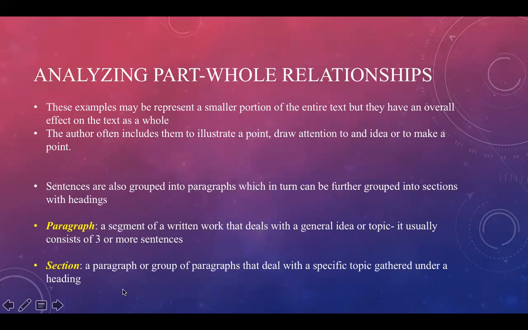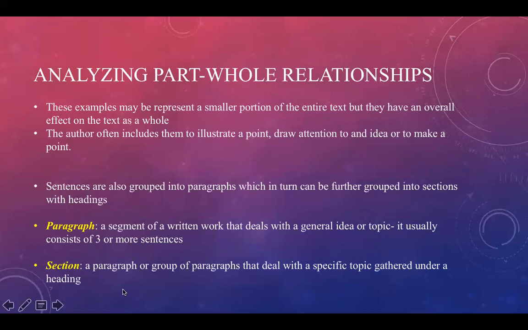Sentences are also grouped into paragraphs, which in turn can be further grouped into sections with headings. So we know this. We know starting from grade 1, your teacher had you make sentences that were 4 and 5 words long. And then you had to increase that to have 2 or 3 sentences that were strung together. And then you had to increase that to 5 to 8 sentences that were connected to make a paragraph.